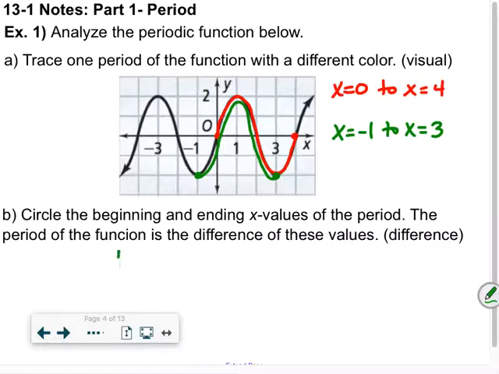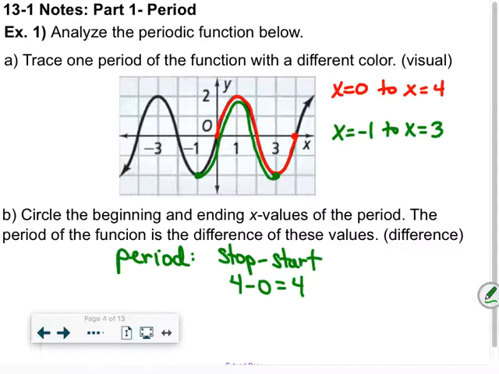Now, the period length is the distance between the start and the stop. But what you do is you do the stop minus the start. So if I do 4 minus 0, that's 4. If I do 3 minus -1, that is 3 plus 1, which is 4.